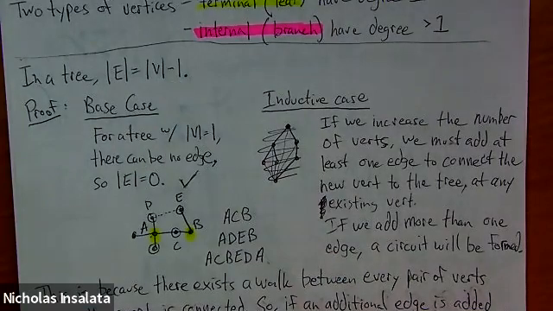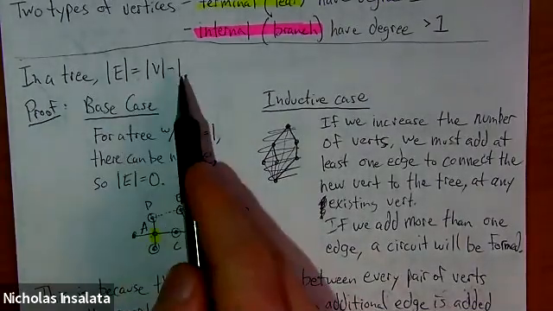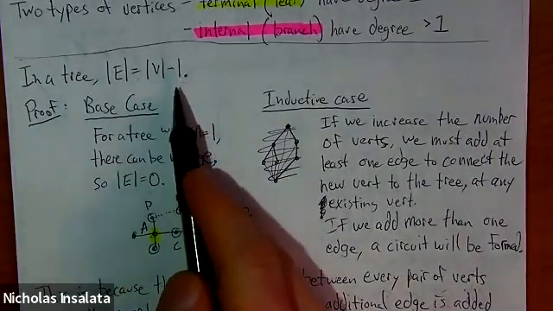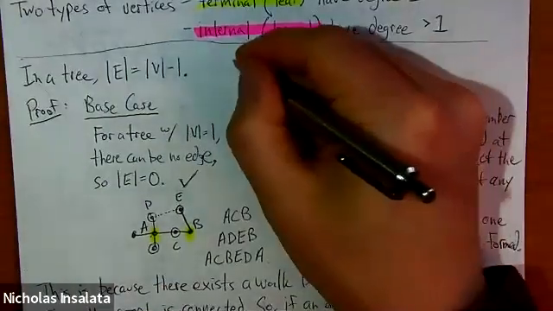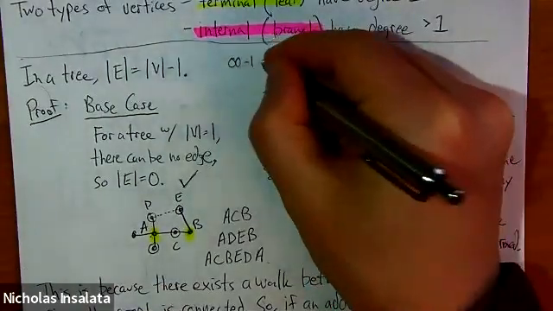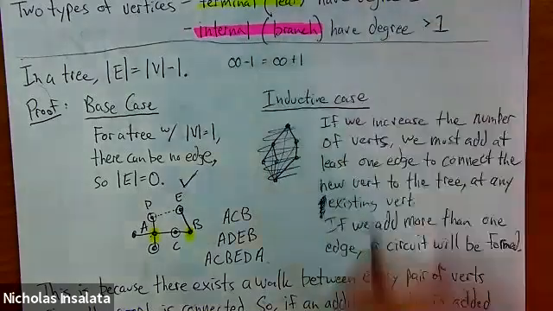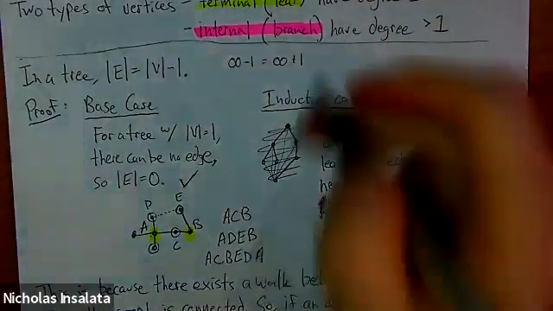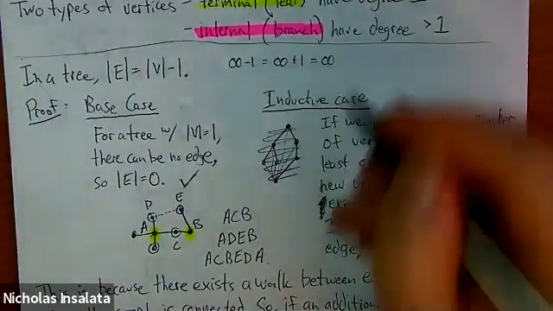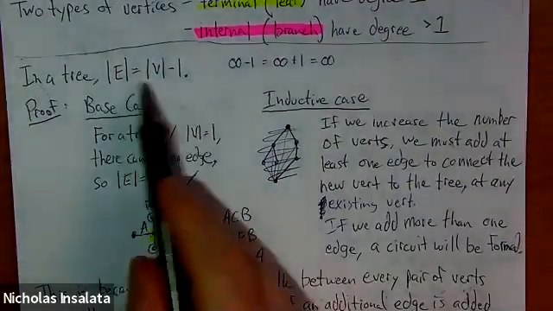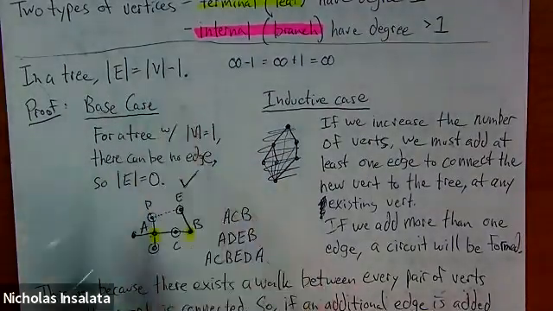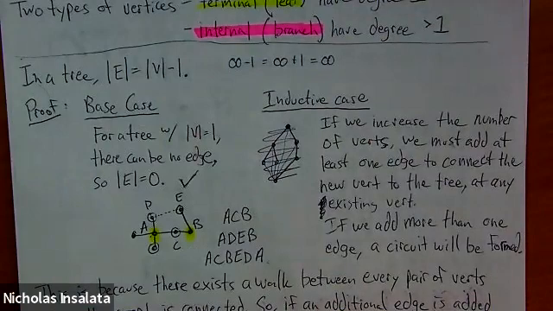In some sense, it doesn't really mean anything to take one away from infinity. So in the case of an infinite graph, this relationship would break down, because infinity minus one is equal to infinity plus one, but they're both equal to infinity, so it doesn't make any difference if you add one or subtract one. So this relationship doesn't really mean anything in that particular case.